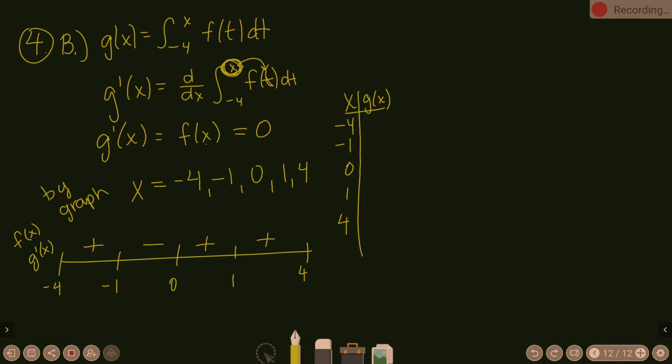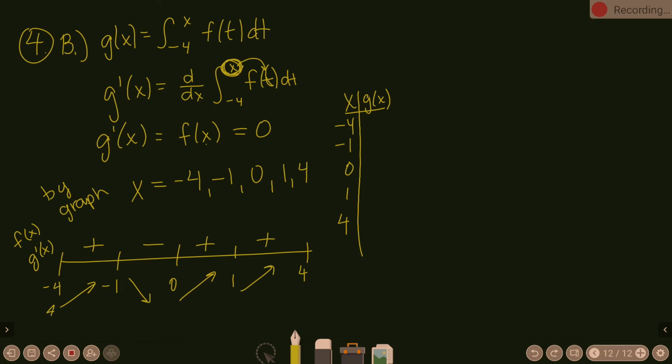Positive derivatives indicate what? Increasing pieces of the graph. Negative derivatives indicate decreasing portions, okay? And so then, where could mins occur?